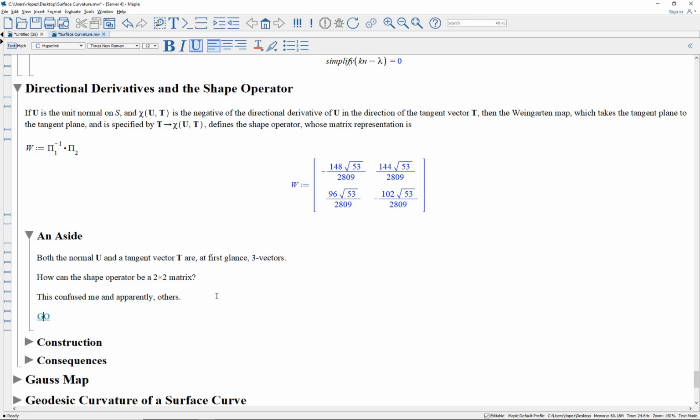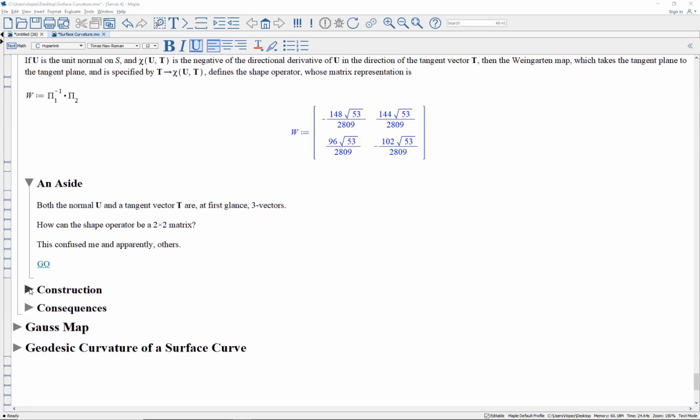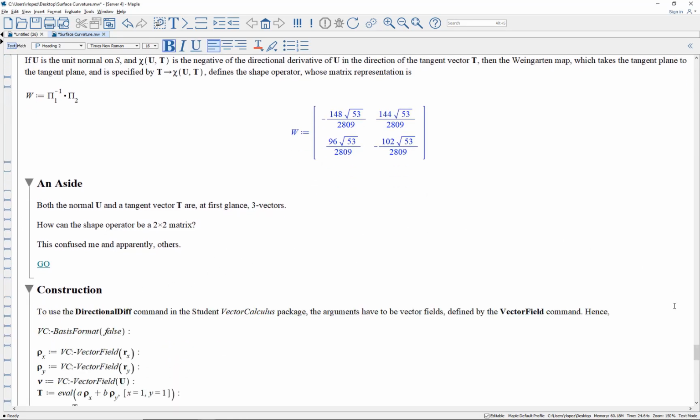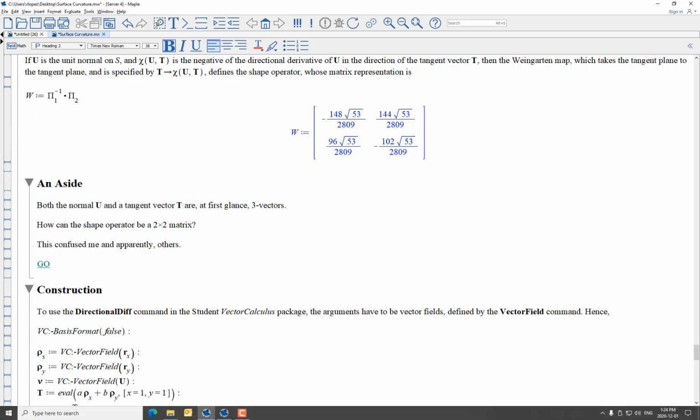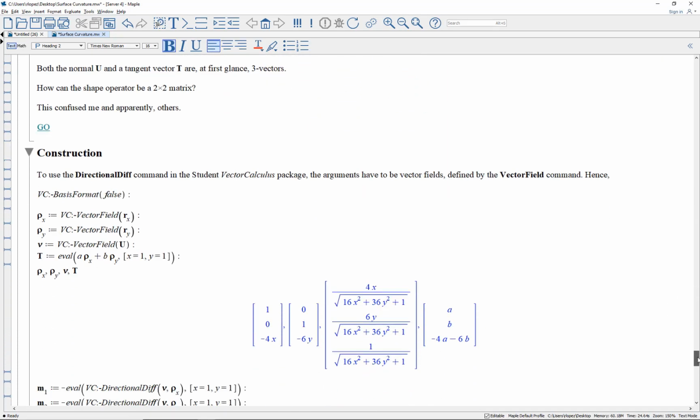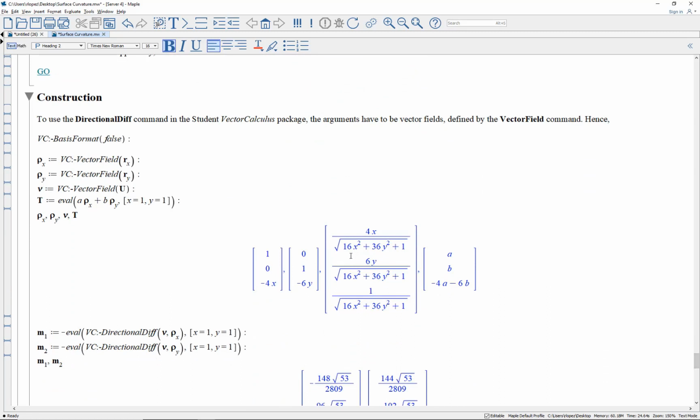Let's see how that factors into what we do next. Okay, with this insight, let's see if we can construct the W matrix from first principles. Let's take directional derivatives of the normal vector in these tangent directions and see what happens. I want to use the DirectionalDiff command in the vector calculus package.